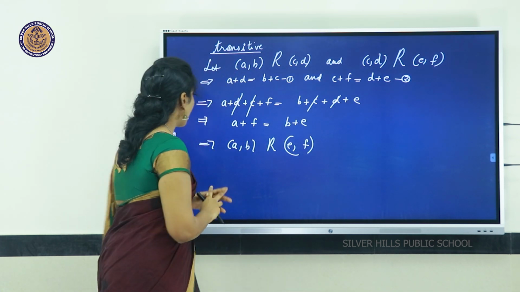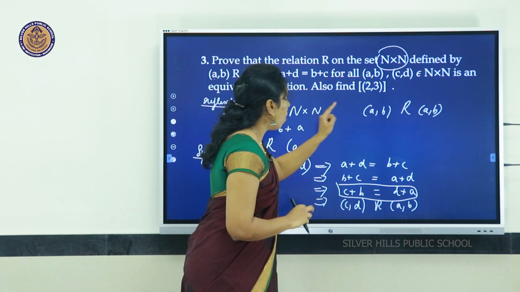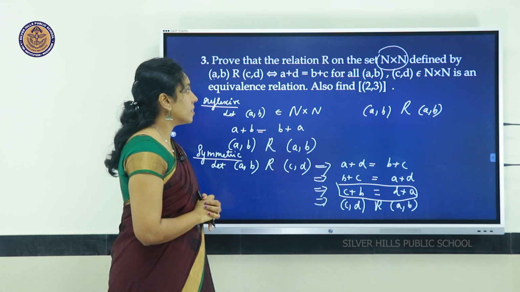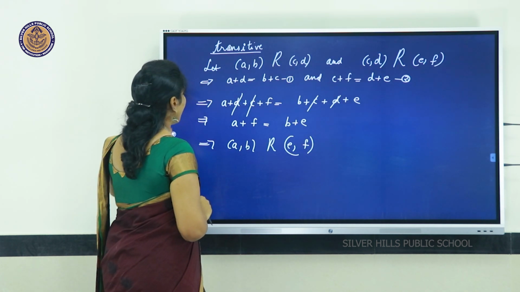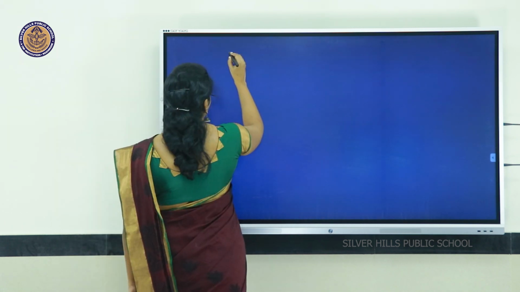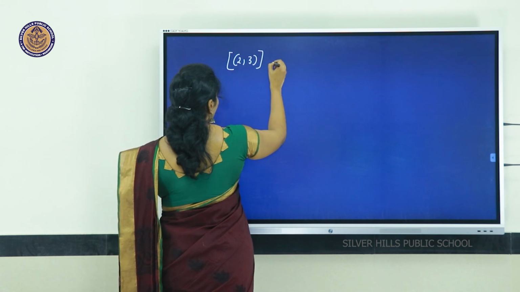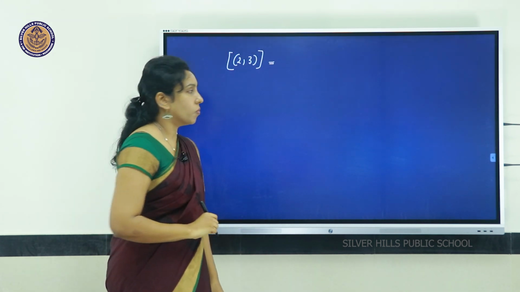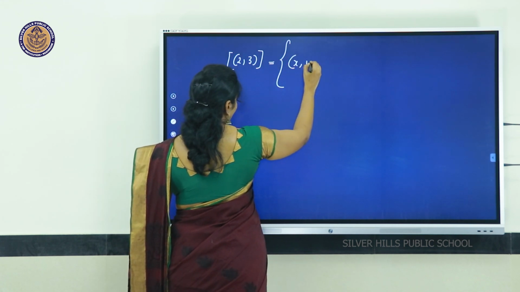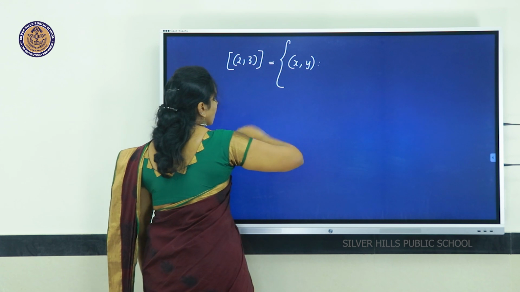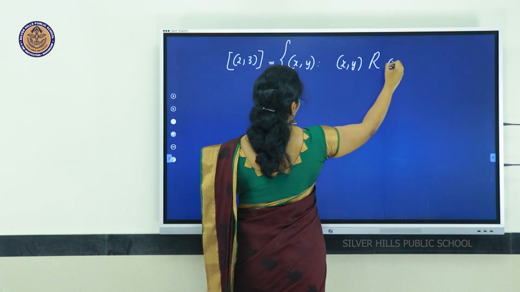But then do not conclude with this, there was a sub question, and what was that? Also find equivalence class 2, 3. So, how to find equivalence class 2, 3? Equivalence class 2, 3 by definition, that is equal to set of all ordered pairs XY such that XY is related to 2, 3.